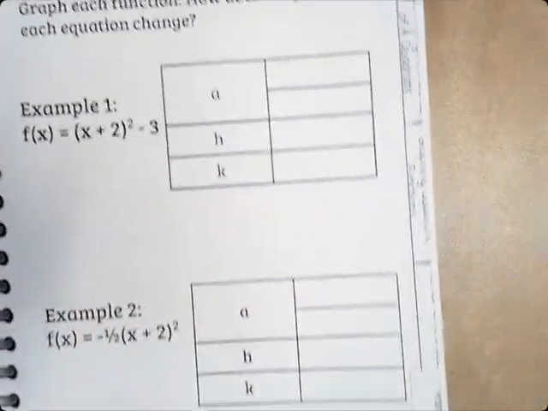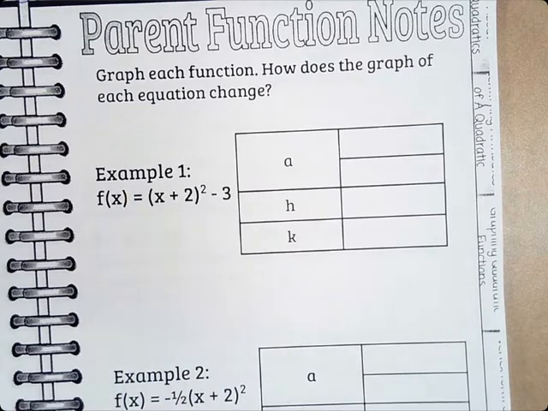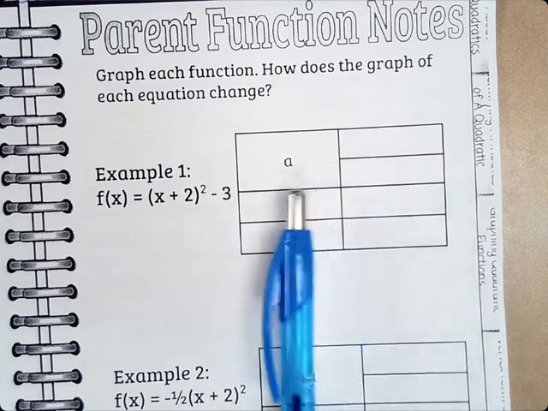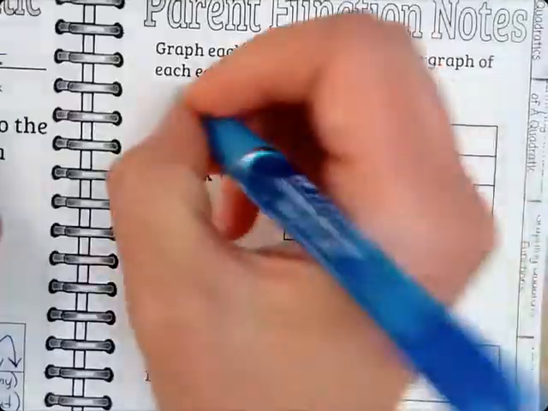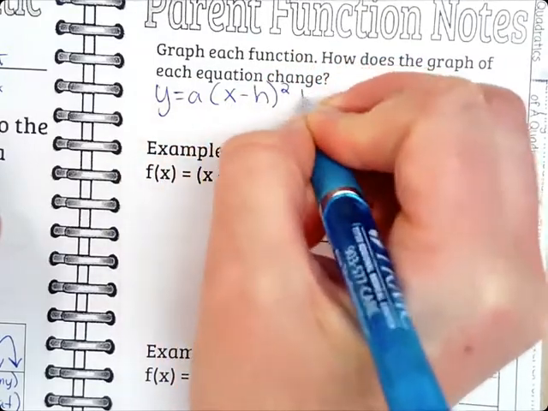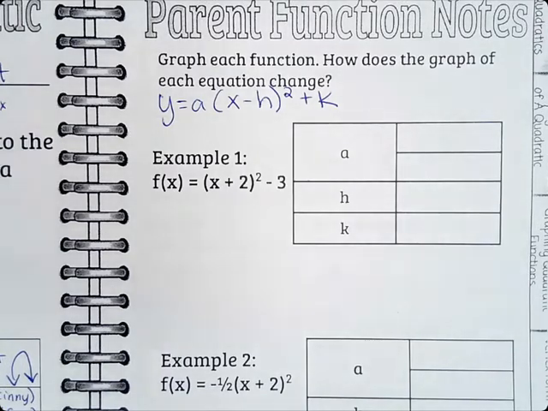Okay, so let's look at each one of these. Graph each function. How does it change? How does the graph of the equation change? So this is your homework, these two examples. What A does, and if it does anything, H and K. So remember our vertex form. It's y equals A, x minus h squared plus K. You're going to write your A, H, and K, and then tell how it changes your function.